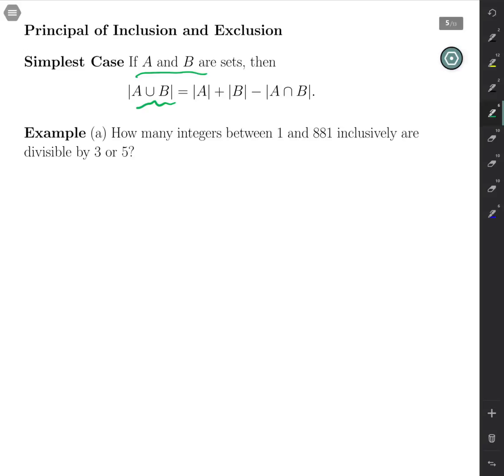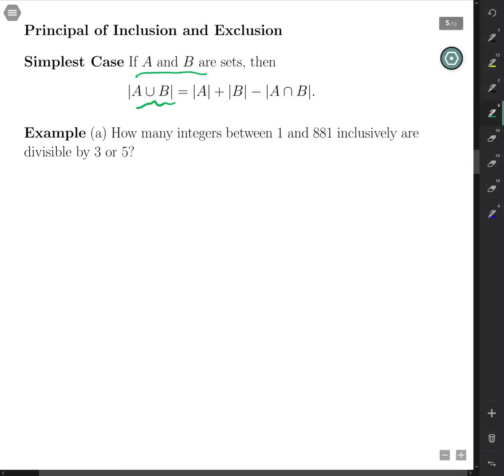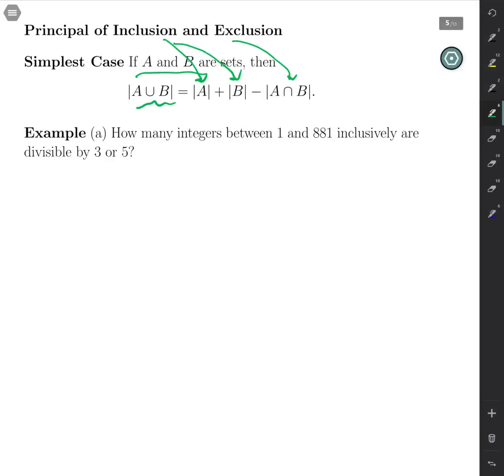So this is where the inclusion comes in: we've included the number of things in each set, but because some of those things are counted doubly, we have to exclude those that are counted doubly, and so they're just counted once in the computation.